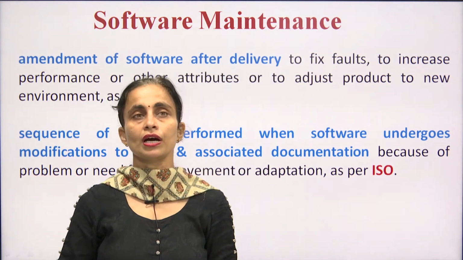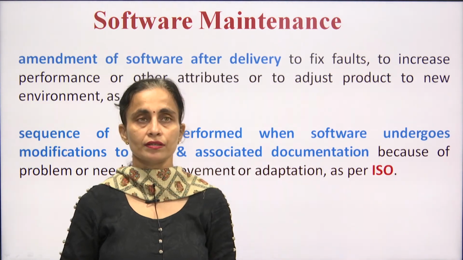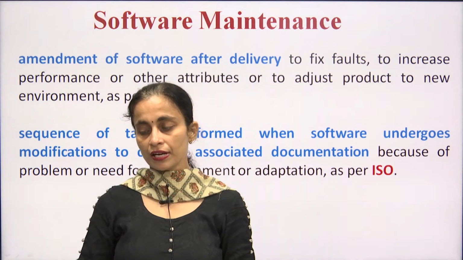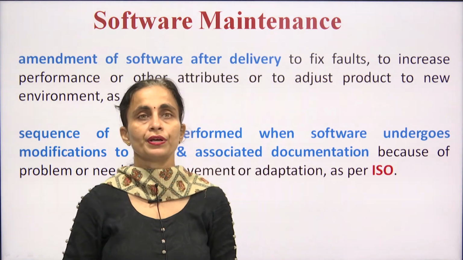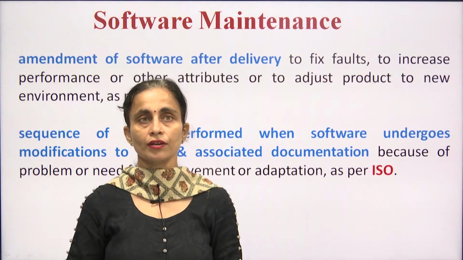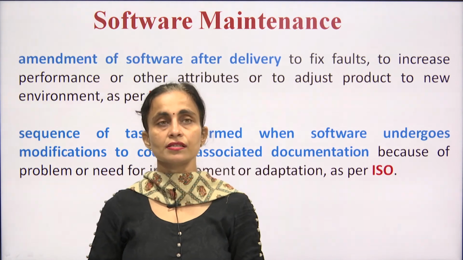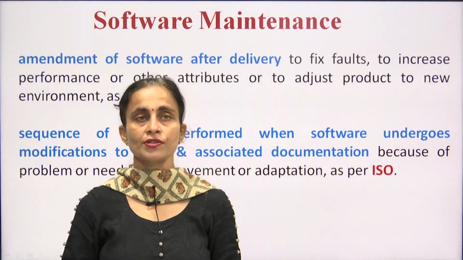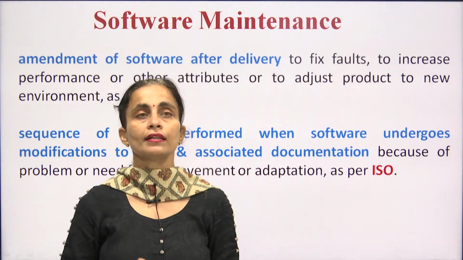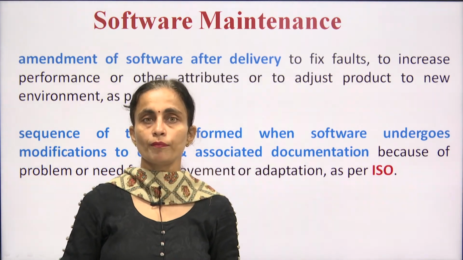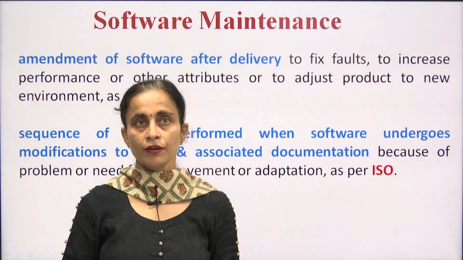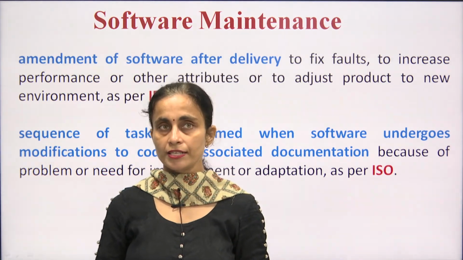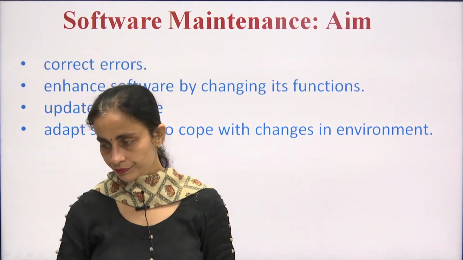Now, moving on to the ISO standards. ISO says it is the sequence of tasks performed when the software undergoes modifications in the code and other associated documents because of problems, or because there is a chance of improvement or adaptation. This is the definition as per ISO.